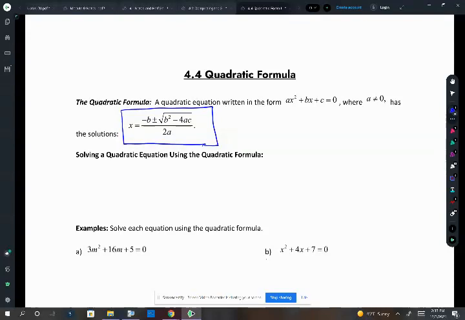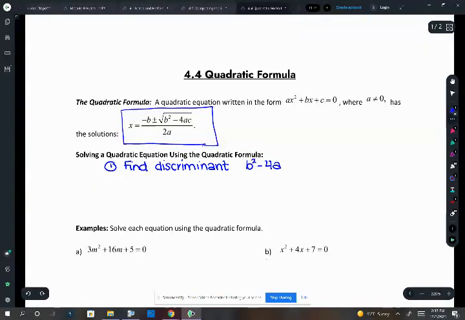I think the easiest thing to do as we're looking at our steps is to first find the discriminant. Remember again that the discriminant is the value that's underneath the root. So we're just going to do the calculation of b squared minus 4ac.